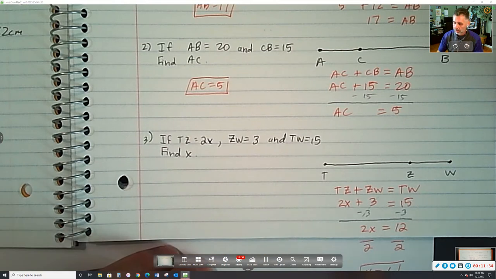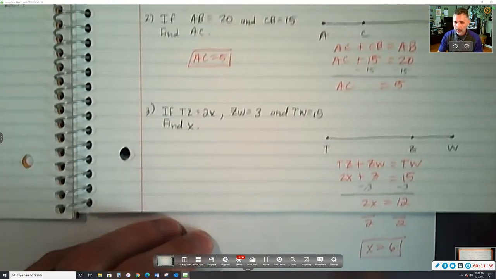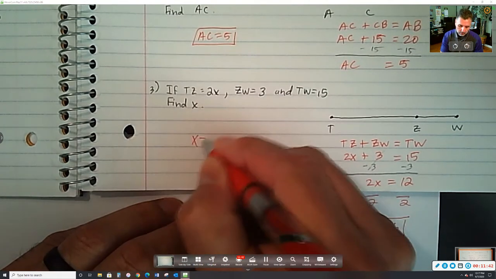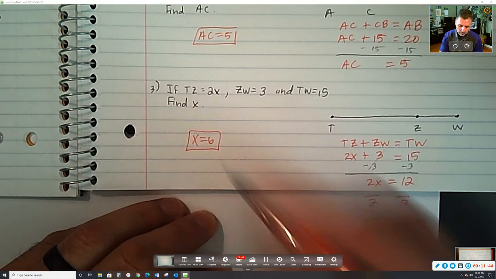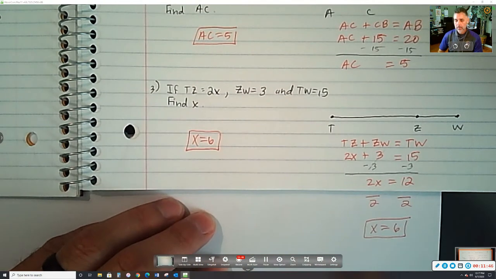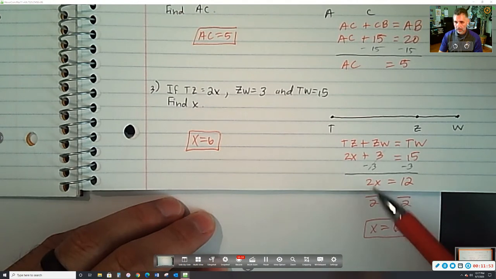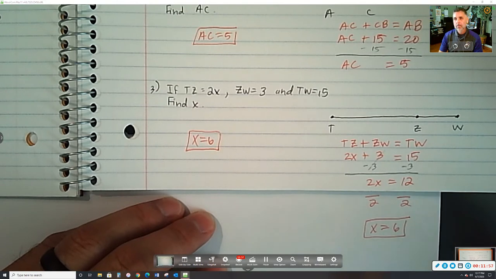Again, I ran out of space there, but there you go, x equals 6. Here, 2 times x, to get the x by itself, you need to divide it by 2. And then again, what you do to one side, you do to the other side. 12 divided by 2 is 6.